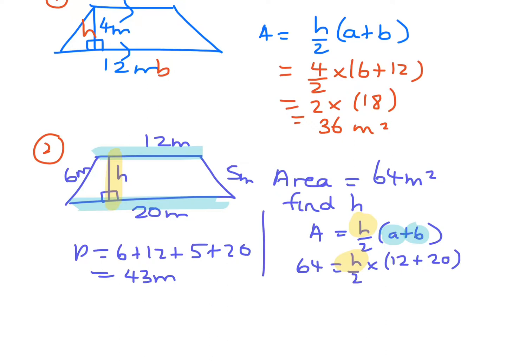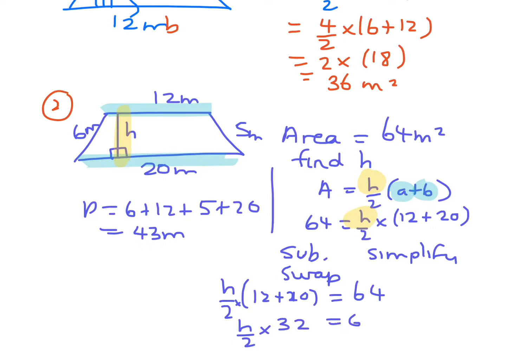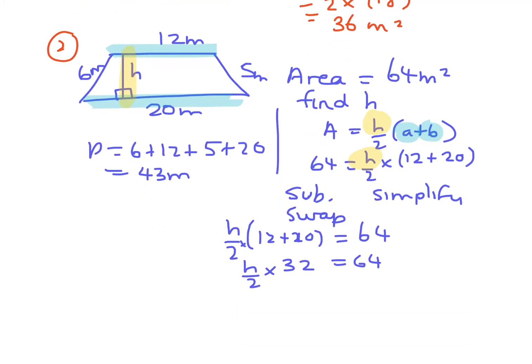Okay, so I substitute. I always like to sub, then you swap the sides, because what you want to find is on the right hand side, and sometimes it's a lot easier if you swap the sides. Simplify where you can: h over 2 times (12 plus 20) is 32, and that equals 64.